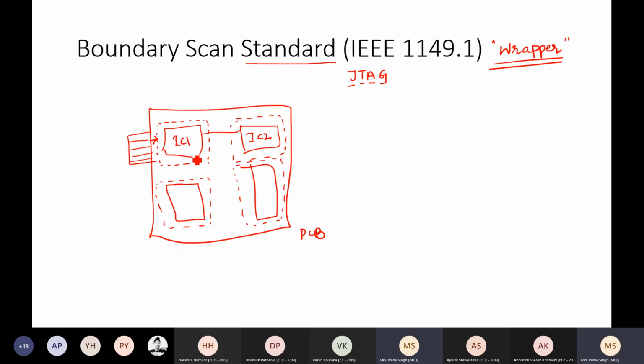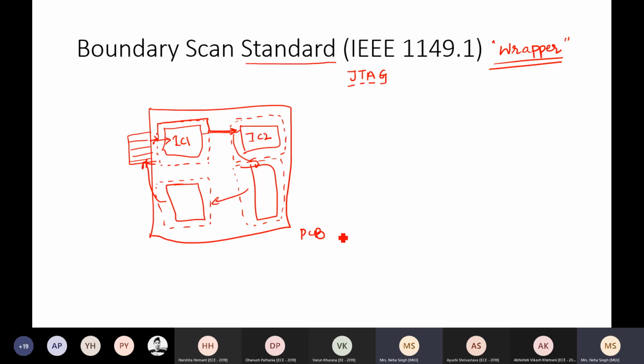If IC1 is to be tested, it will directly take the signals inside IC1. If not, it has to bypass it so that the signal goes to IC2. Then IC2 will analyze. If the signal is meant for it, it will work according to that signal, or else it will bypass it to the third IC. And so the cycle will continue and I'll get one output.